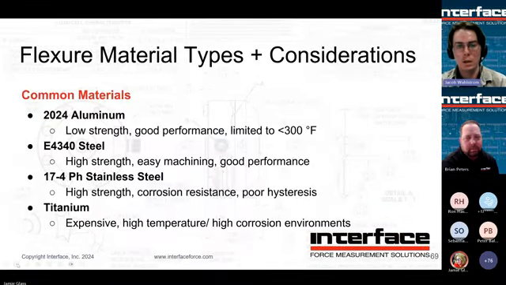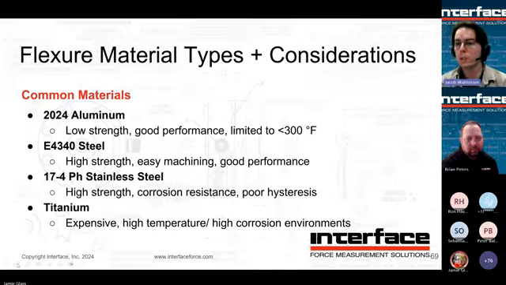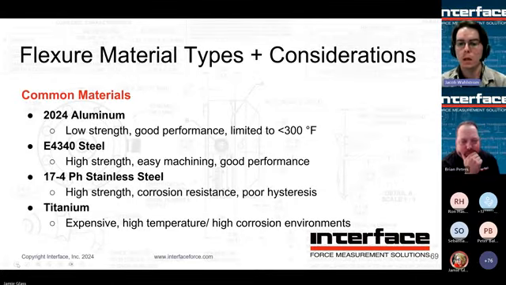Next slide, please. All right, and so we'll talk about flexure material types real quick. Obviously, one of the main things to consider here is the strength of the material and the capacity that you're trying to measure. So you're going to see we use 2024 aluminum. It's low strength, but it's good performing, very low hysteresis material.